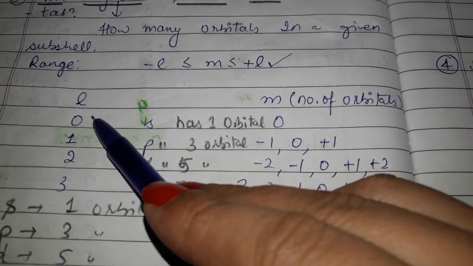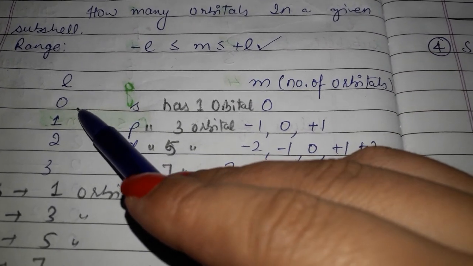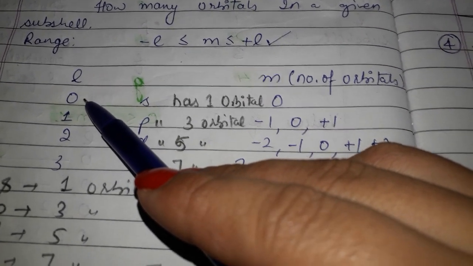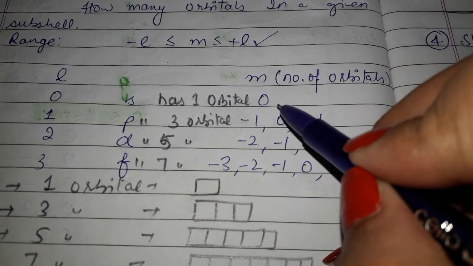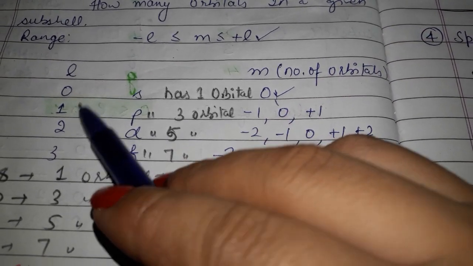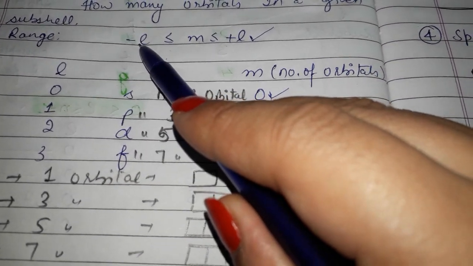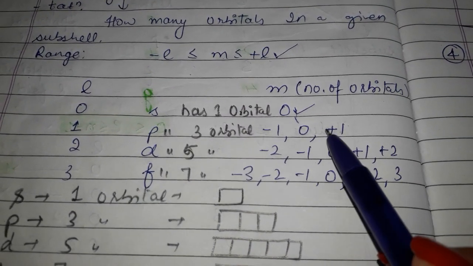Now, the values of L are written here and the values of m will be written here. For L equal to 0, the range of m will be minus 0 to plus 0, that is simply 0. For L equal to 1, m will be minus 1 to plus 1: minus 1, 0, plus 1.